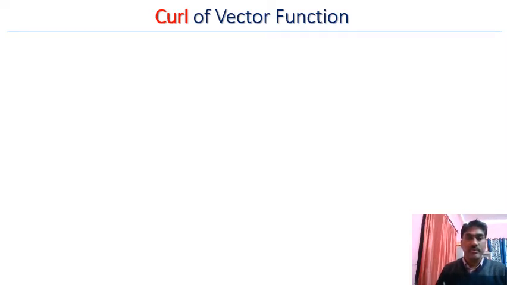Before we define the curl, we first remember that del is a vector differentiation operator defined by i del by del x plus j del by del y plus k del by del z.